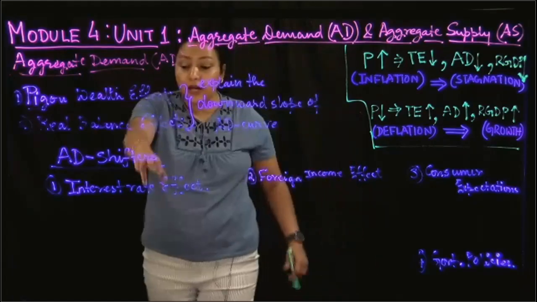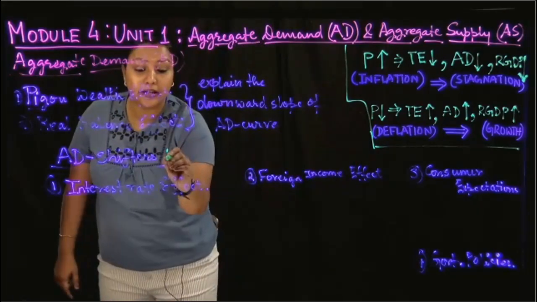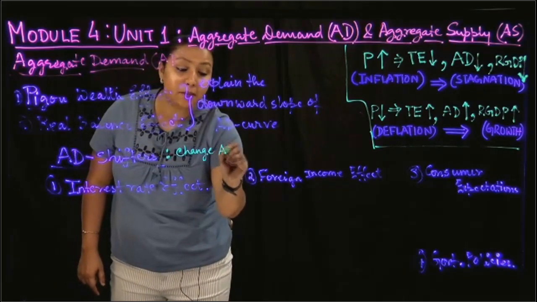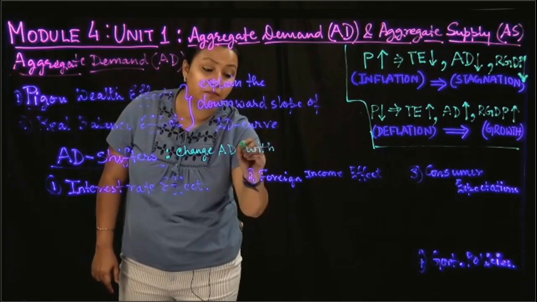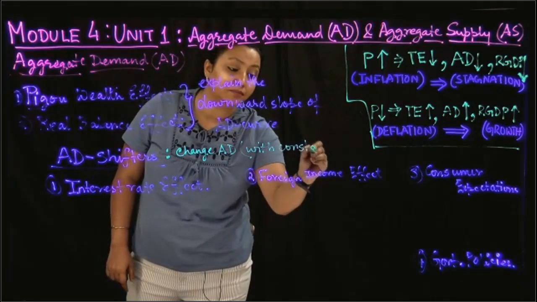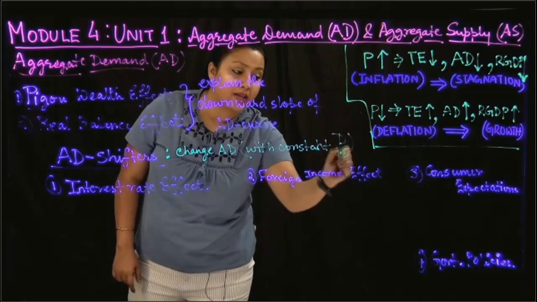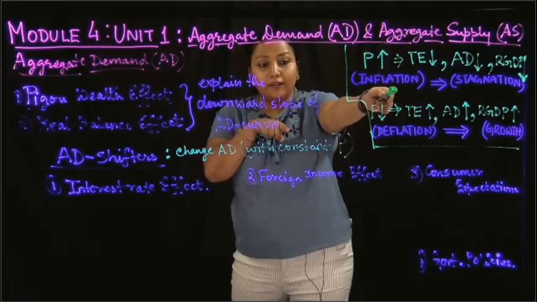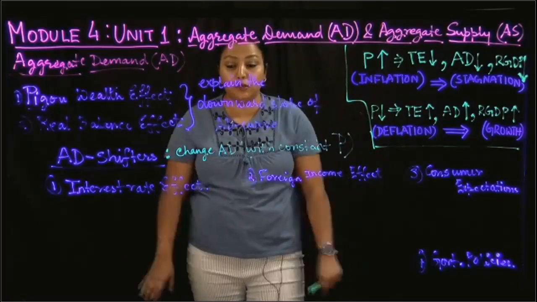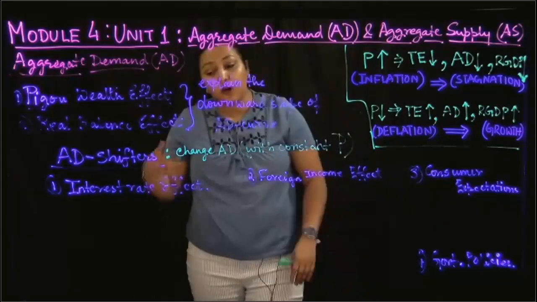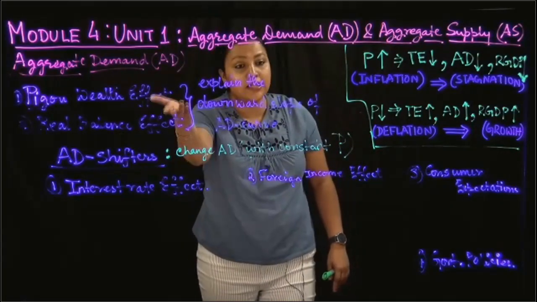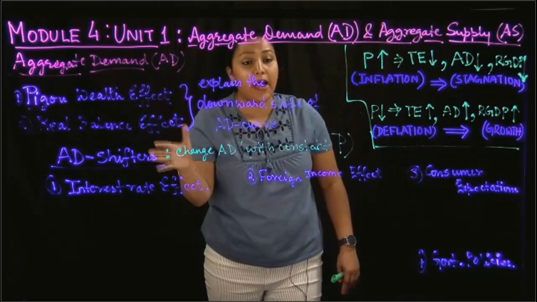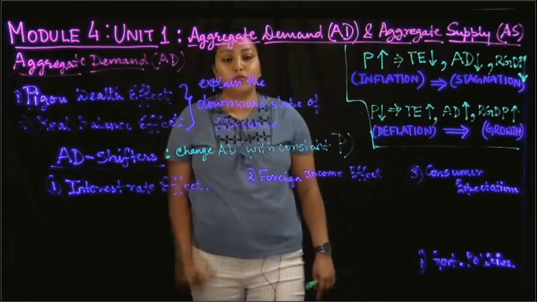That means these effects could really increase or decrease aggregate demand, that means change aggregate demand with constant price index capital P. That means with no change on the y-axis, with no inflation or deflation happening in the economy, these effects are responsible for either increasing or decreasing the aggregate demand, as a result of which the aggregate demand would either shift to the right or shift to the left.